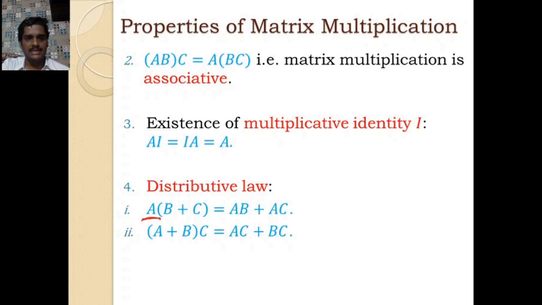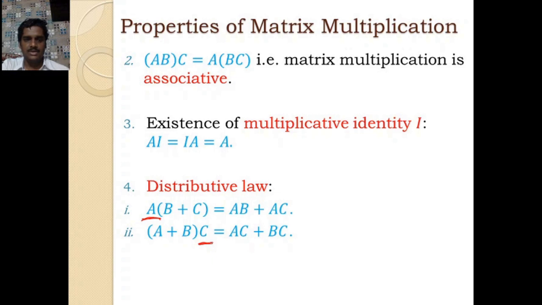We also call it pre-multiplication. And in the second law, the multiplication term, that is C, is on the right side. We call it post multiplication. Pre multiplication and post multiplication are two different things, because of the non-commutative property of matrix multiplication.